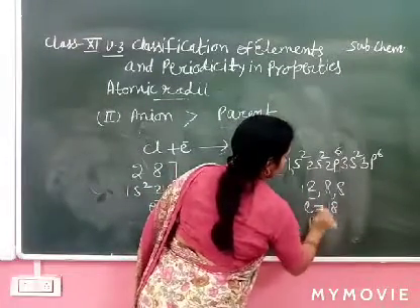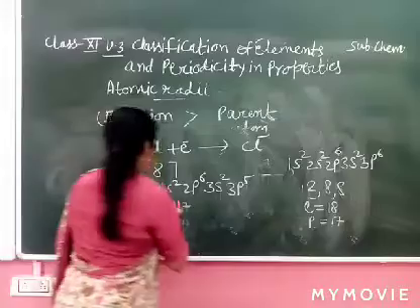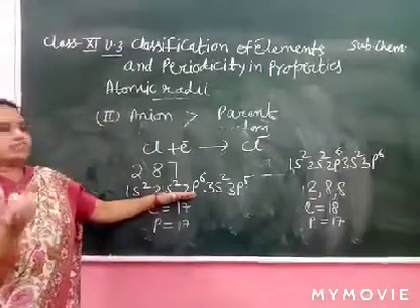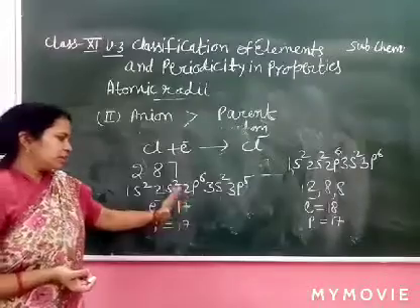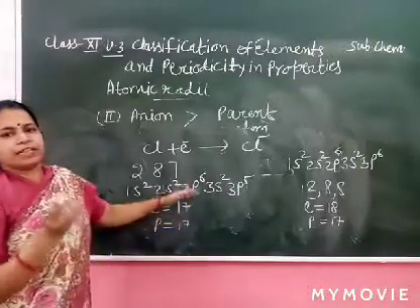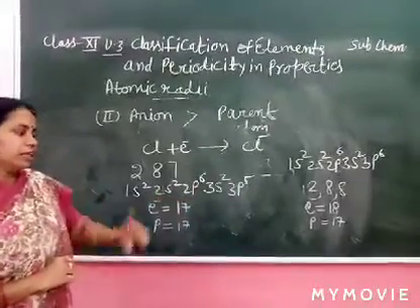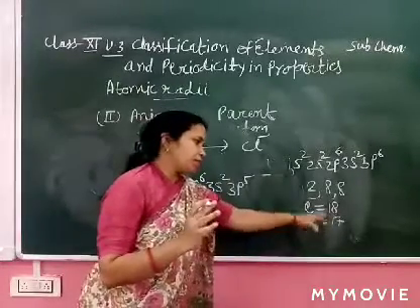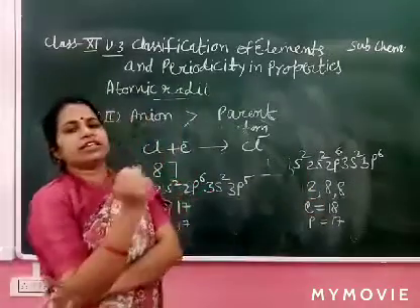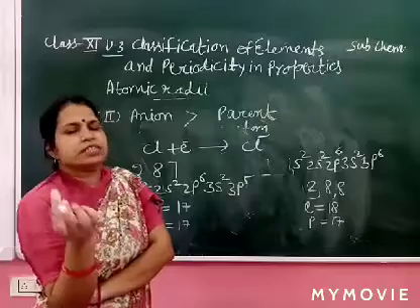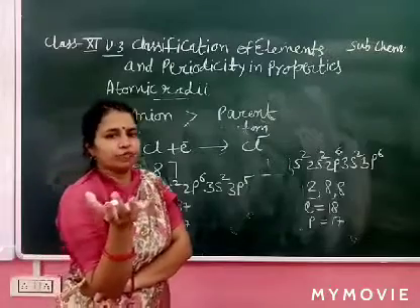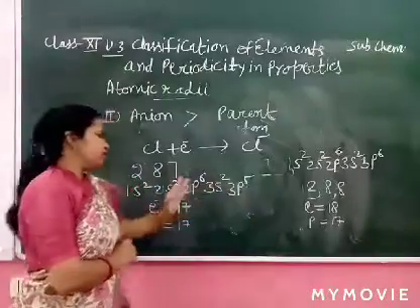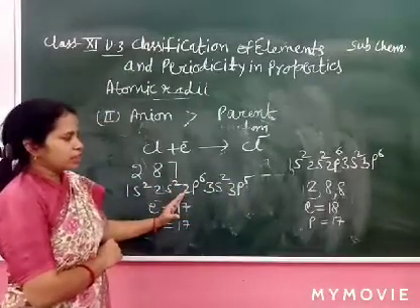How many protons? 17. So now it's clear. 17 protons now attract 18 electrons, while the proton number remains the same. Where is the nuclear charge less? Where is it strong? In this condition, there are 18 electrons.